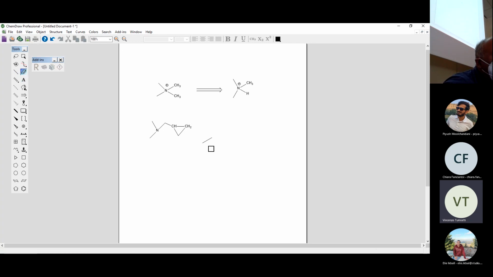If we increase further the dimension of the substituents on the nitrogen atom, for example this one, we can introduce the phenylacetic residue.